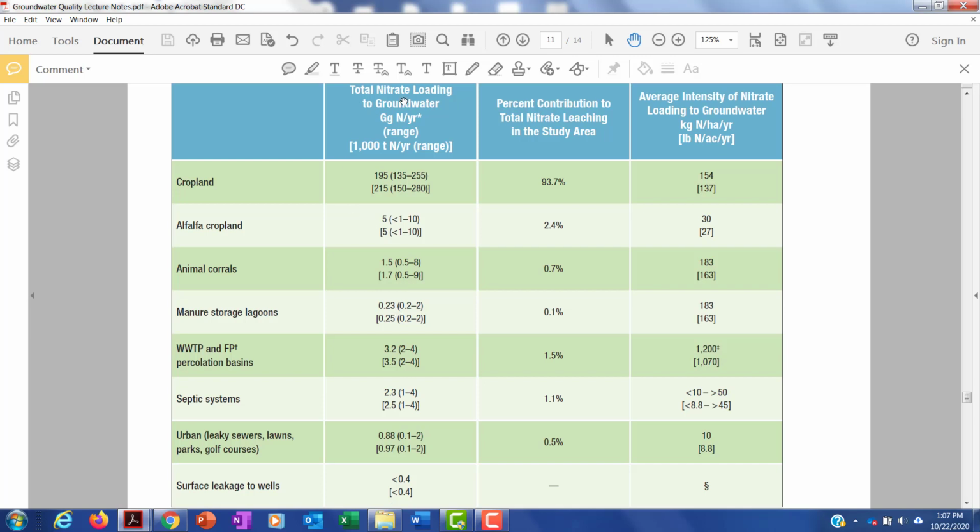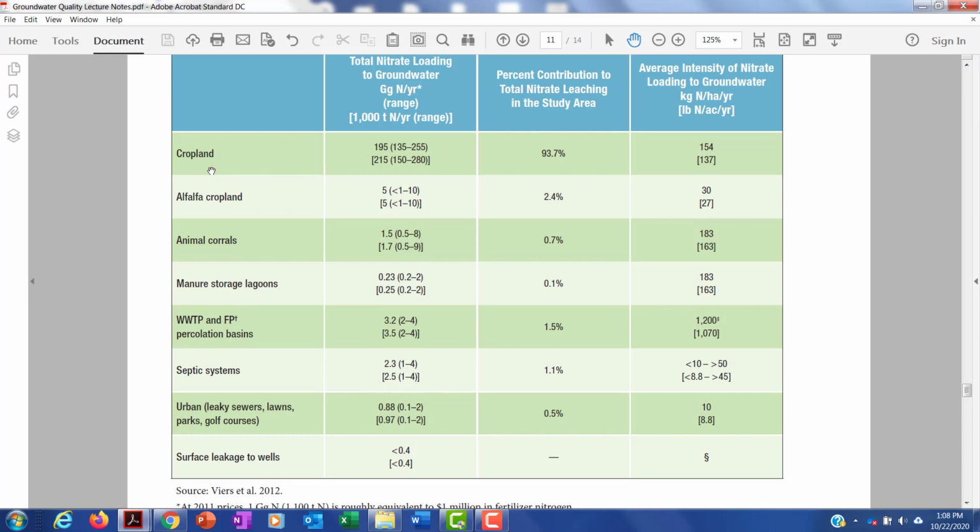Out of that report, something interesting is that it talks about the total amount of nitrate loading into our groundwater system, and you see cropland is 94% of the source of nitrate.